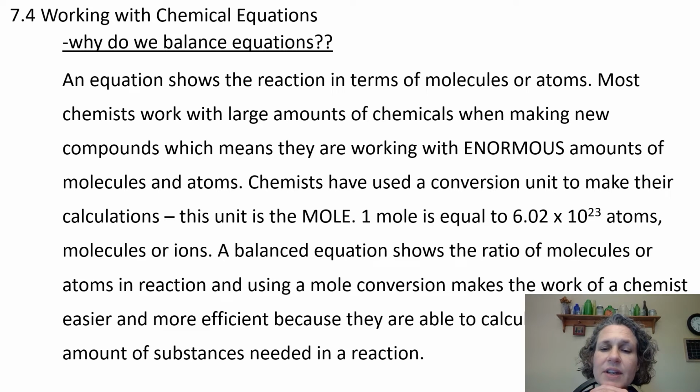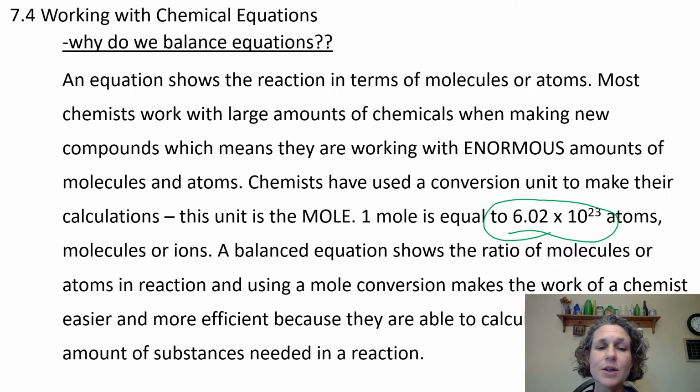And so chemists typically use a conversion, and this conversion is the mole. You guys have seen the moles up in my room. I'll have some mole cartoons out here pretty quick, but it is a conversion unit. It's kind of like saying 12 is equal to 1 dozen of something. But for a mole, 1 mole is equal to 6.02 times 10 to the 23rd atoms or molecules or ions. Of course it's way easier to multiply by 1 than by 6.02 times 10 to the 23rd, because that's a huge number.